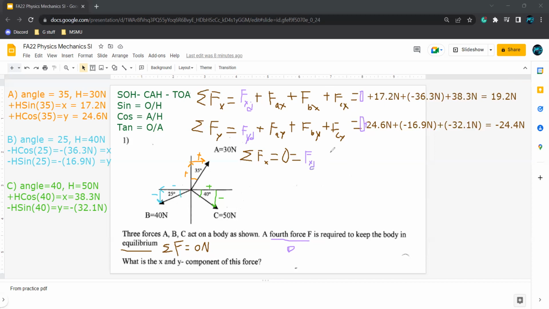Those are little blocks. And it makes sense that it's going to be opposite to the sum of the other three because we need it to be opposite in order for it to cancel out.